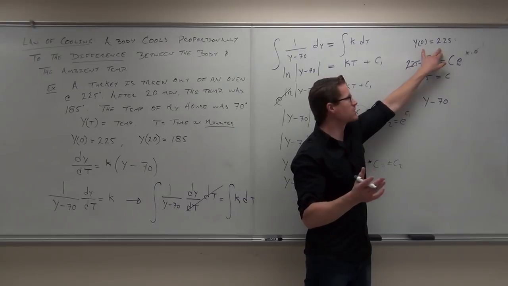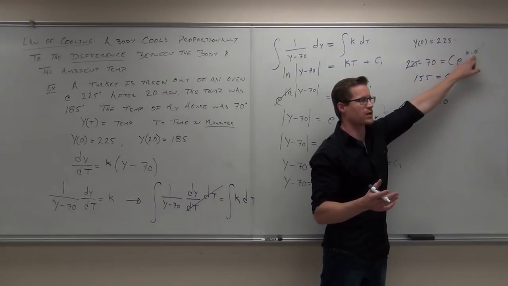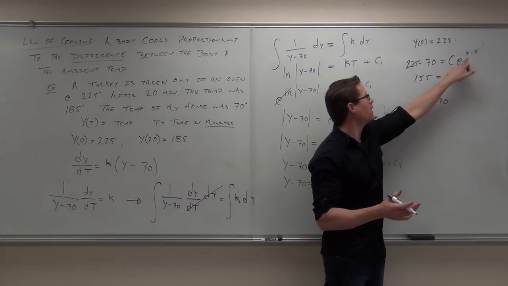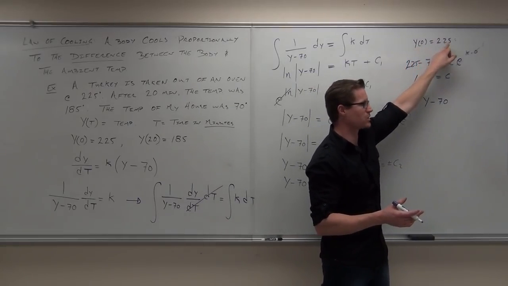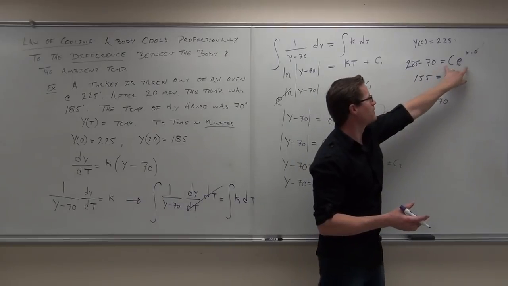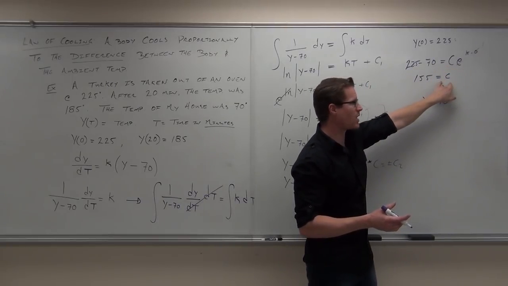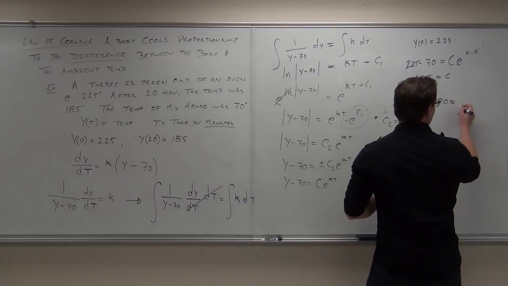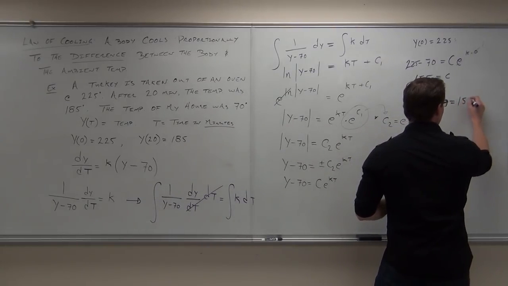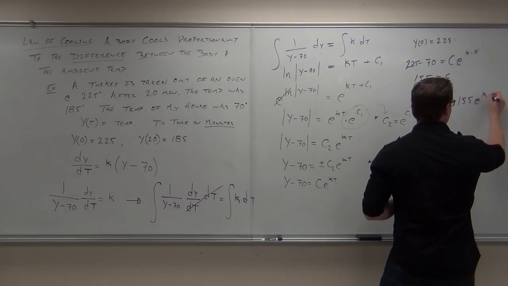We got it. 0 for our t. No problem. That's why it works so nicely. This whole thing goes away. You get C itself. 225 for our y, because the initial value at 0 is 225. This is a constant. This reduces to our C. Not a problem. Now rewrite it. We know that y minus 70 equals, well, not C anymore, 155 e to the k times t.